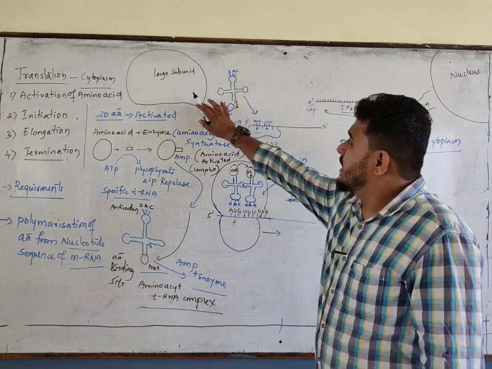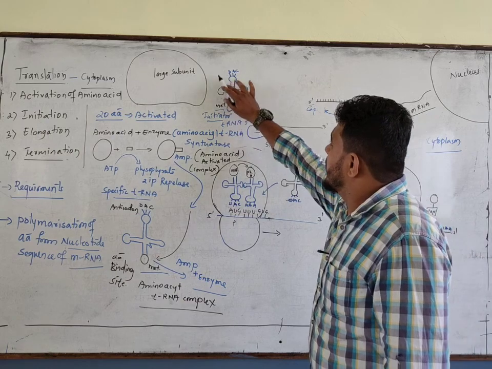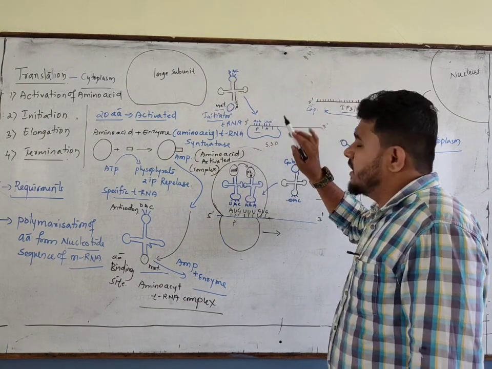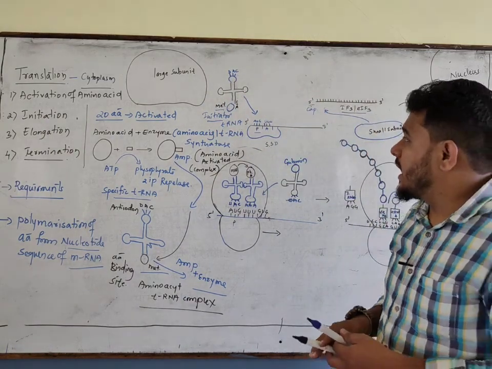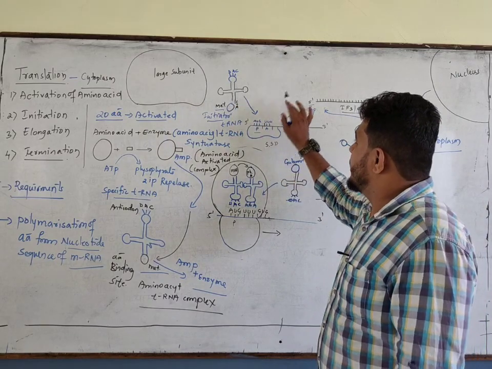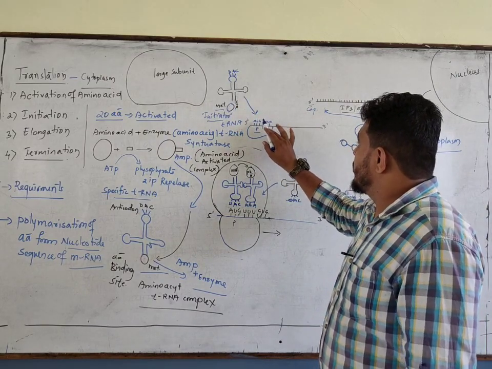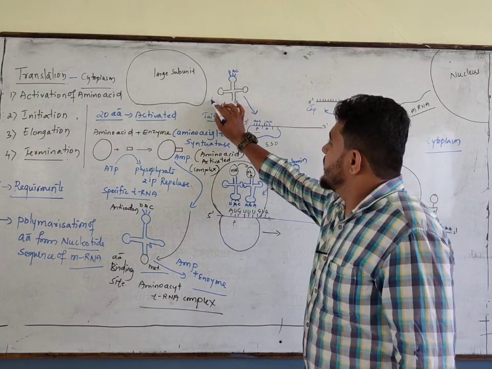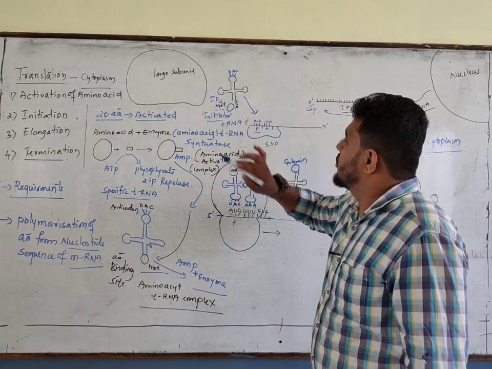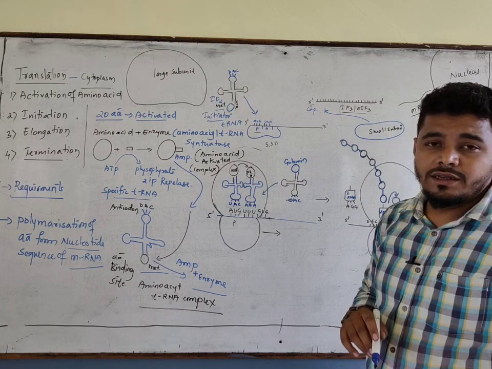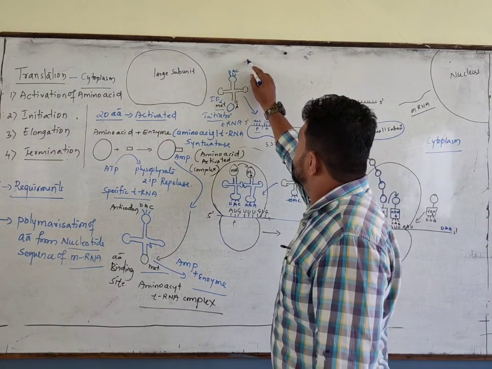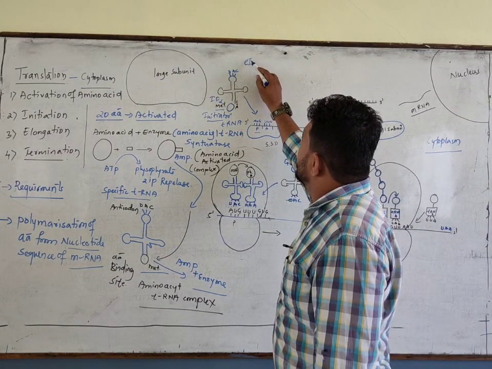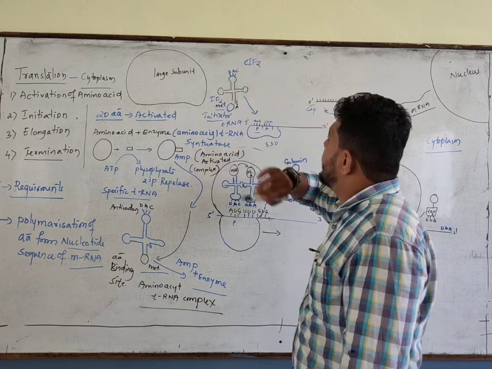Okay, then the large subunit covers this entire area. The attachment of the first tRNA to the respective codon is by initiation factor 2, or in case of eukaryotes, eukaryotic initiation factor 2.